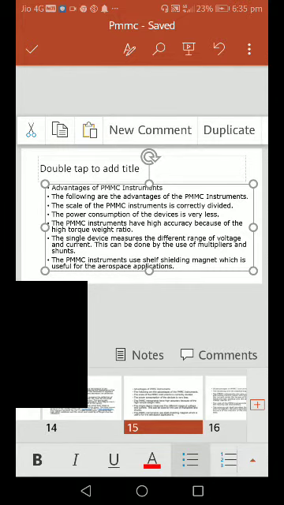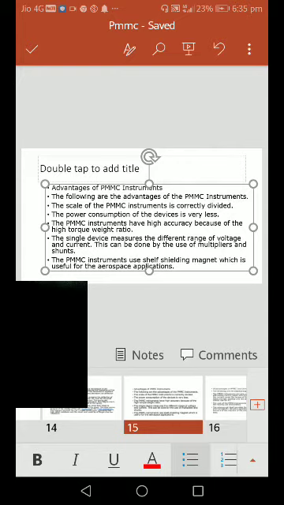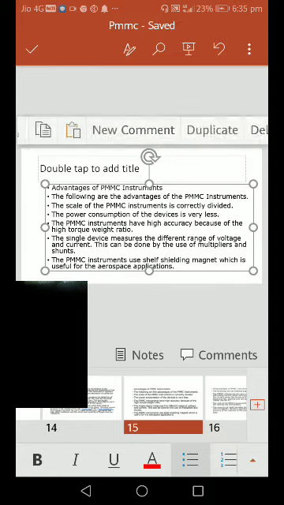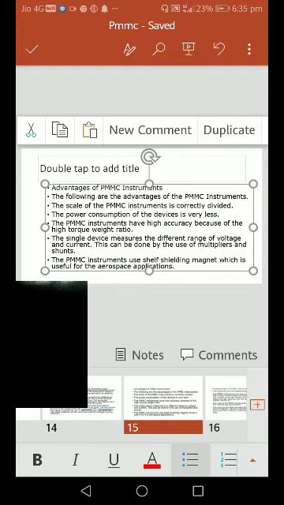A single device can measure different ranges of voltages and currents. We can measure voltage and current by the use of multipliers and shunt circuits.